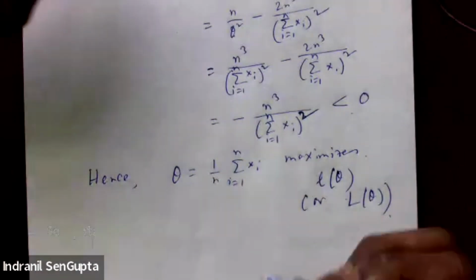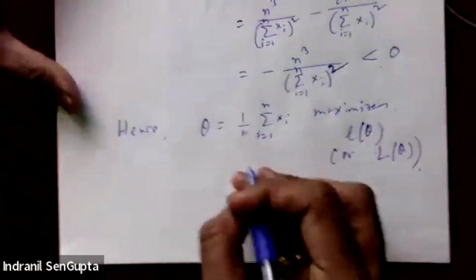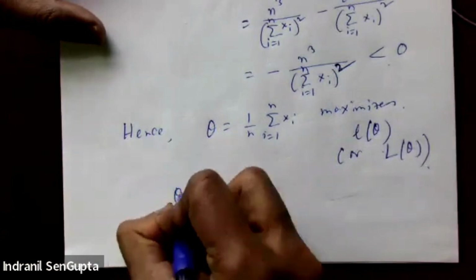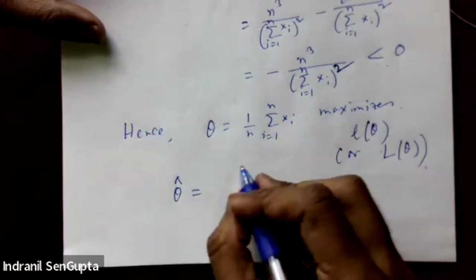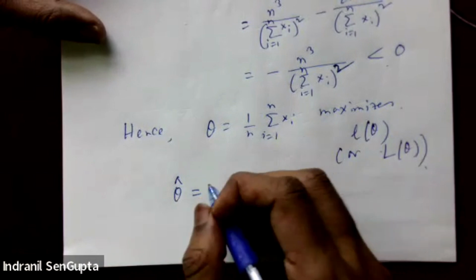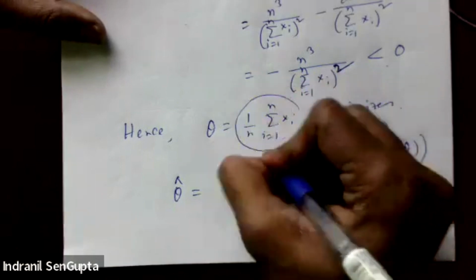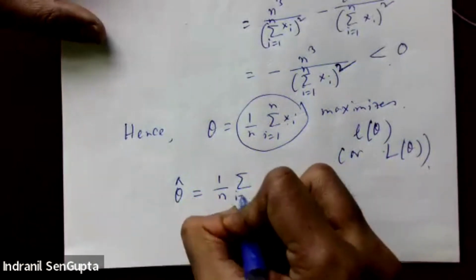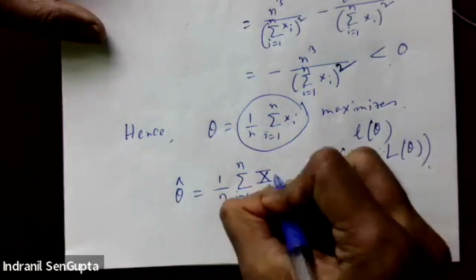We write it in the following way. So this is step 3. Theta hat is therefore, now it's a function of the random variables. So we try to write this in terms of the original random variable. So it's 1 over n, the sum from i, so xi is a realization of big Xi, right?